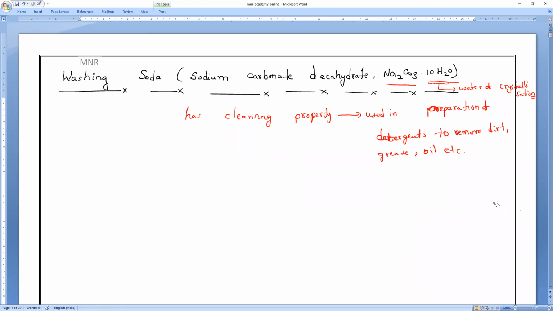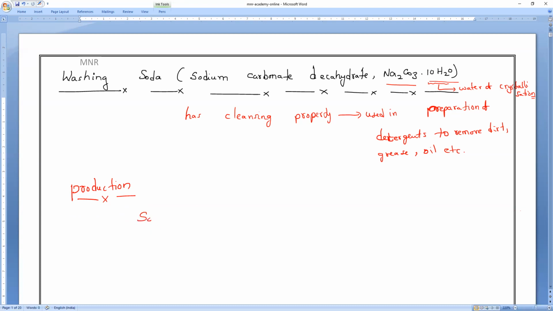Now, if you notice, this sodium carbonate without water of crystallization, while we are producing, we can notice it. So let us see what the production method is. How can we produce this washing soda? On a large scale, all of you remember, the washing soda is manufactured by the Solvay process.